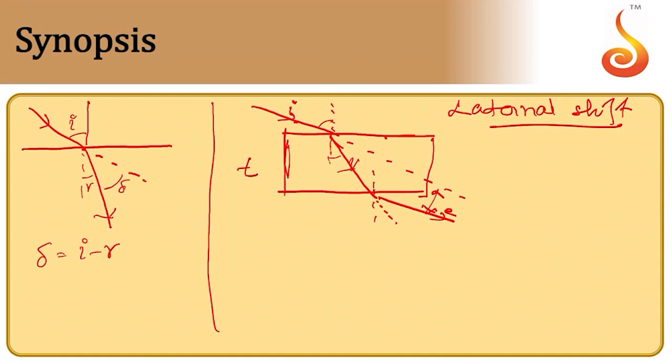Let t be the thickness, i be the angle of incidence here, and r be the angle of refraction at the first surface. This is same as i here, right?